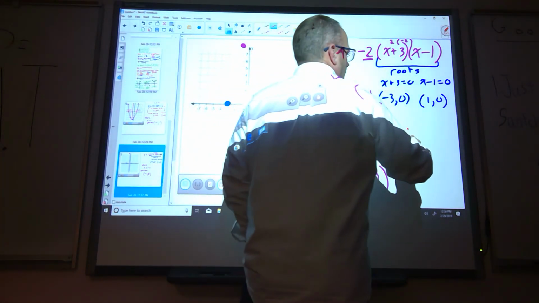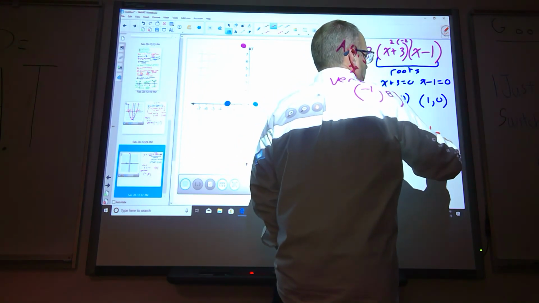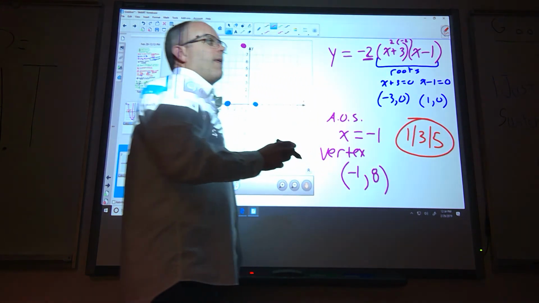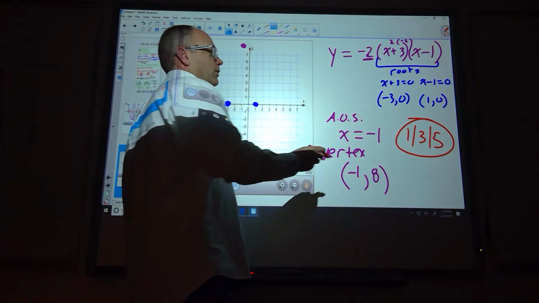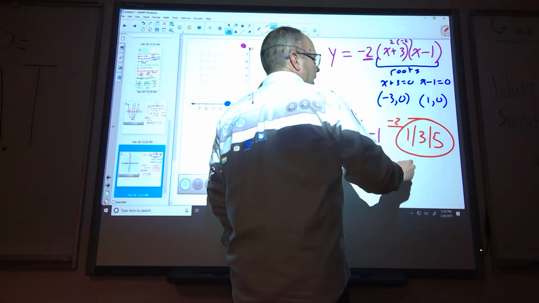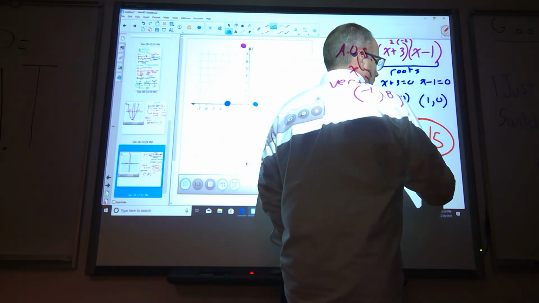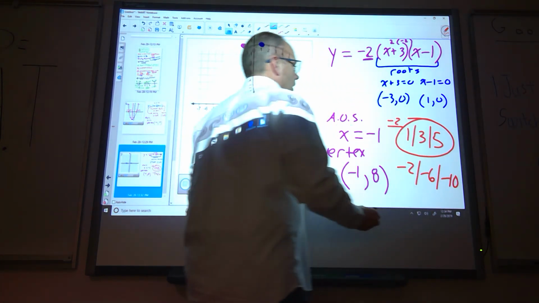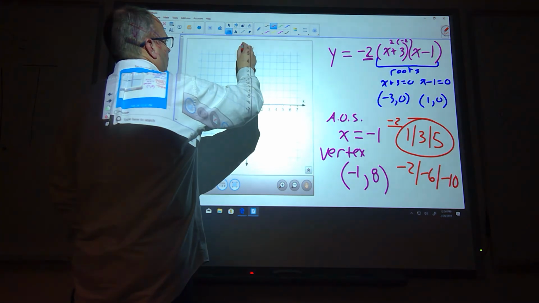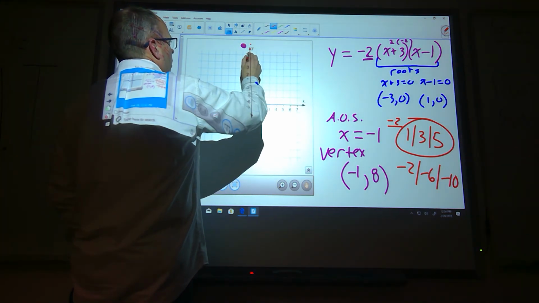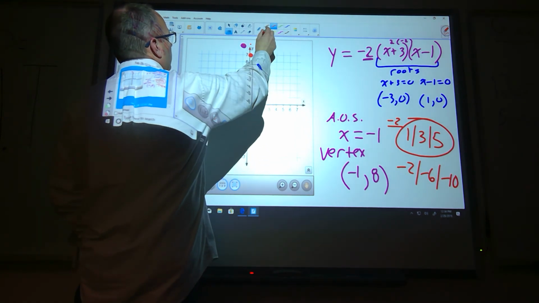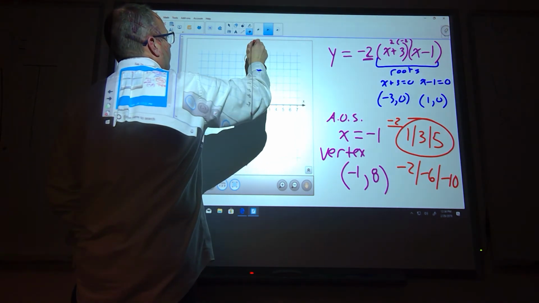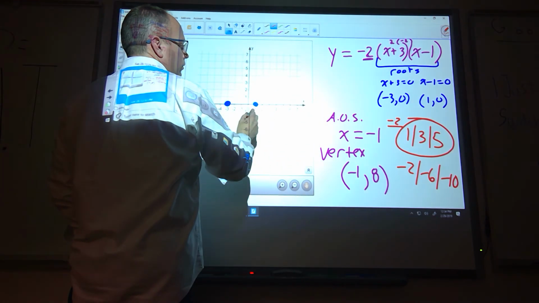Would this pattern graph as 1, 3, 5, or was it pattern graph with something different? Yeah, that negative 2 out front is going to say, hey, multiply all those by negative 2. So I'm going to get negative 2, negative 6, negative 10. So from my vertex, I can go right one down 2. Oh, that was at 8, wasn't it? I have to move that a little bit. I was off. So negative 1, 8.